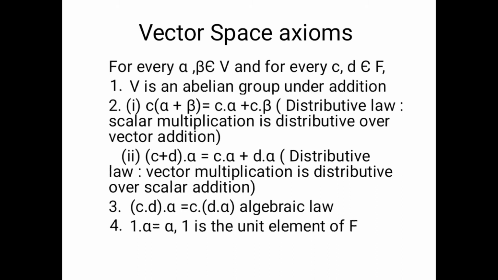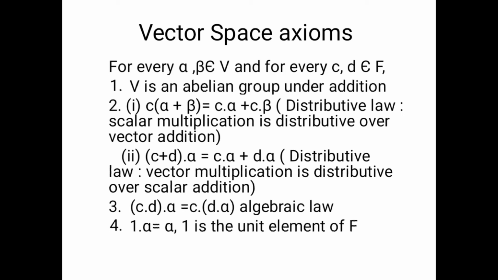For every alpha, beta contained in V and for some c, d contained in F, the first thing is V must be an abelian group under addition. When we say that V is an abelian group, it must satisfy the closure law, associative law, the existence of identity with respect to addition, and the last one is inverse for every element of V with respect to addition. So for any alpha, beta contained in V, alpha plus beta is also contained in V; closure law must be satisfied.